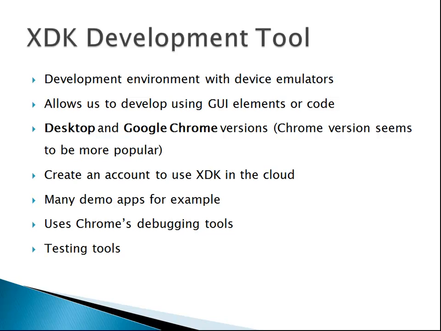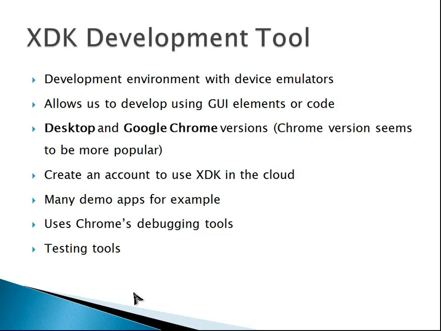Now we'll be working with something called the XDK Development Tool, and it's not an IDE. It's basically a development environment that gives us a device emulator to work with, so that we can actually test quite a bit of our functionality right in that tool.